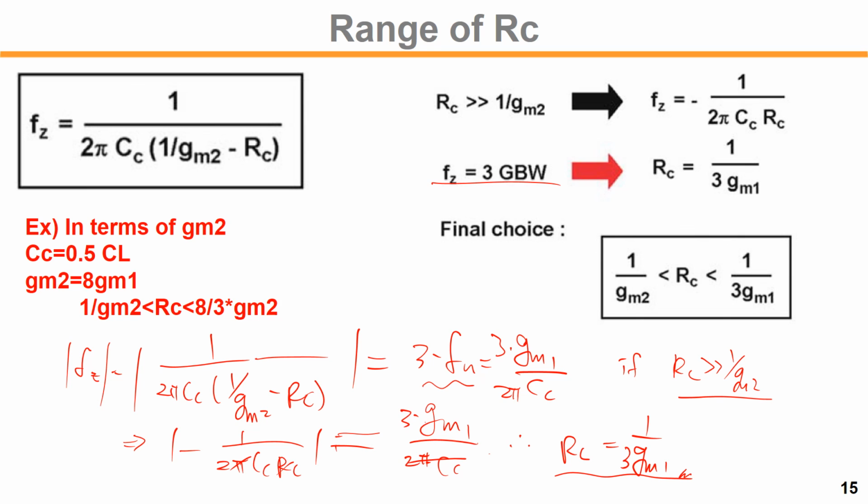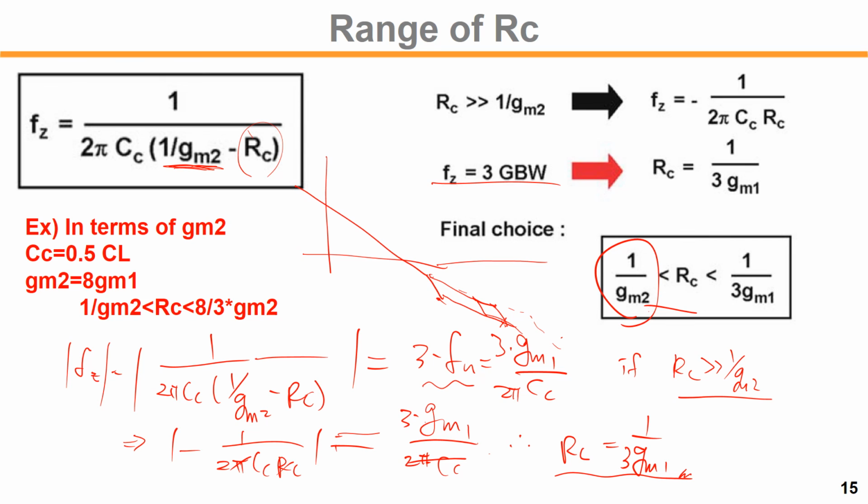So for the choice of RC, first we would like to start from RC equal to 1 over GM2, then the zero location will be at infinity, right? And then if RC is greater than 1 over GM2, then it will start showing the zero location, right?